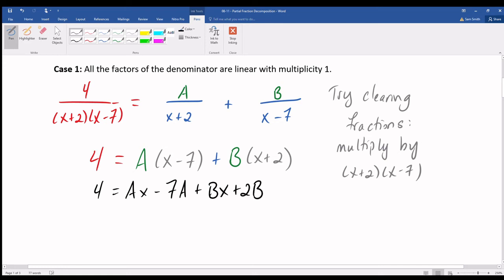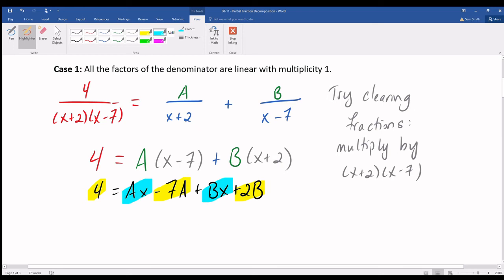If this happens, I end up with terms that fall into 2 categories. I have terms that are constants, 4, negative 7a, and 2b. And I have terms that are linear, a times x plus b times x.